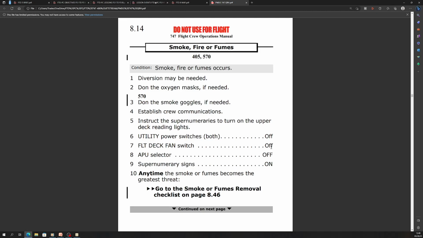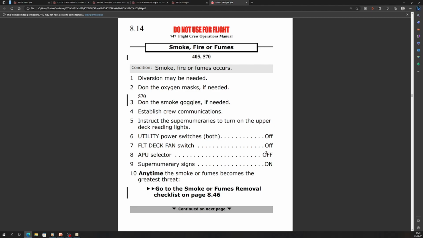And the utility power switches are coming off. Now, why is that? Well, those are the big draw items. You know, they're big electrical draw items. And utility power switches can have galleys on them. They can have the bigger stuff that could cause smoke or fire. So we're turning those off, and that could solve our problem right there.